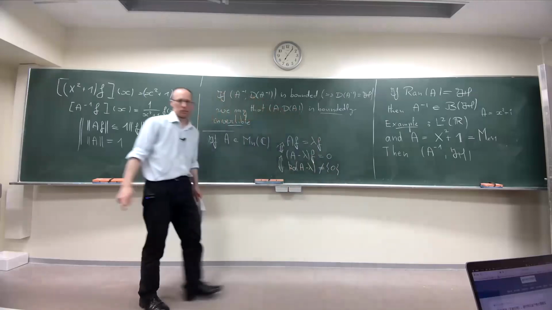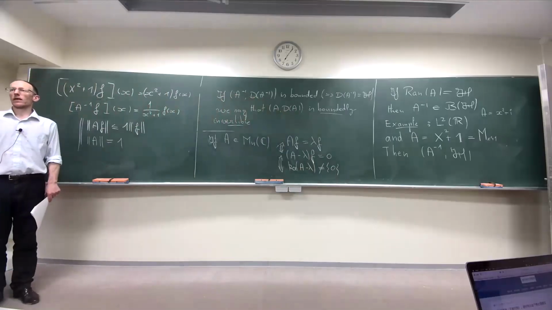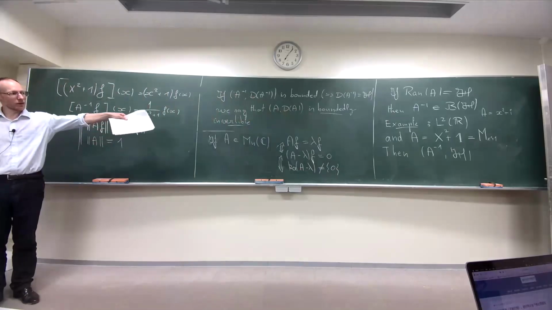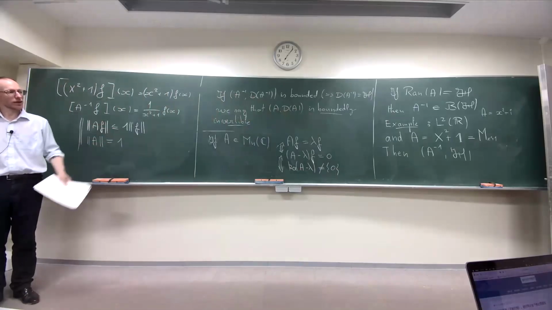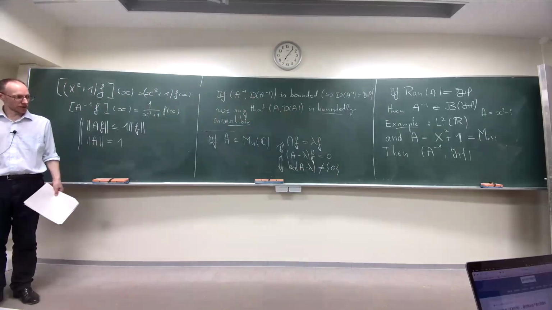You have f. These three things are quite clear for matrices. If f is not 0, lambda is an eigenvalue. If you have the first equality, you can rewrite it as the second equality, and it means that the kernel of A minus lambda is not empty.